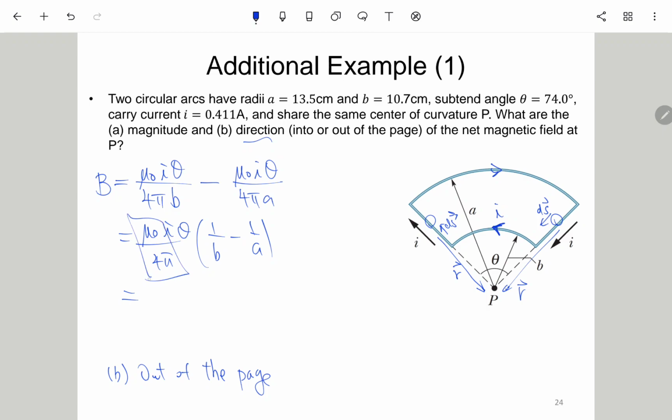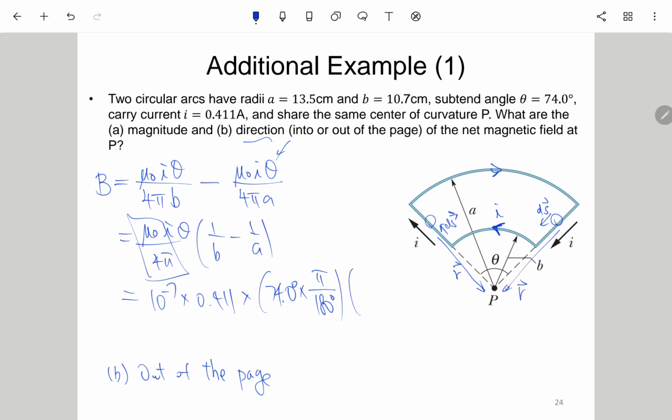For this one, mu naught is 4 pi times 10 to the negative 7, so this whole thing is 10 to the negative 7, and then times I, which is 0.411, and then times 74 degrees. But this theta should be in radians, so we need to change degrees into radians by multiplying by pi and dividing by 180 degrees.